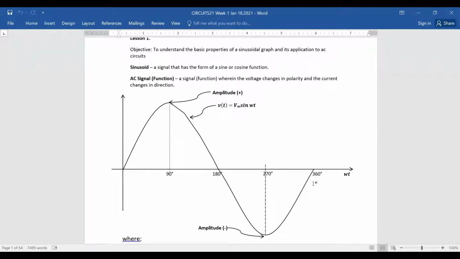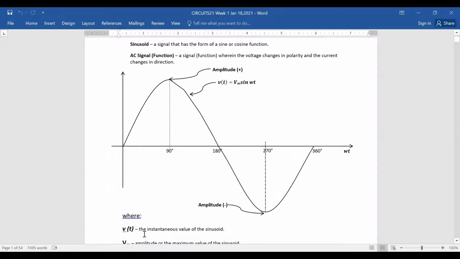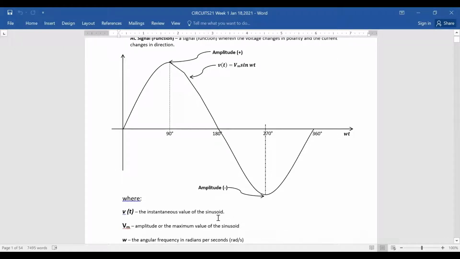For one complete cycle, we have 360 degrees or 2 pi radian, meaning for a complete cycle we have what we call the time period T in seconds. So what do you mean by this v of t, Vm, omega, t, and omega t? Let's first have this v of t. This v of t corresponds to the instantaneous value of our sinusoid in both cases.